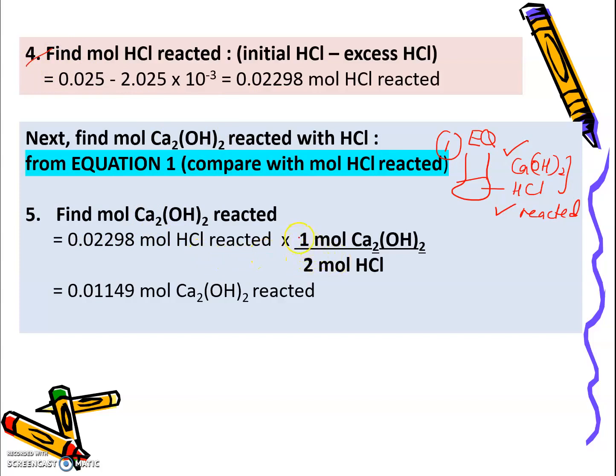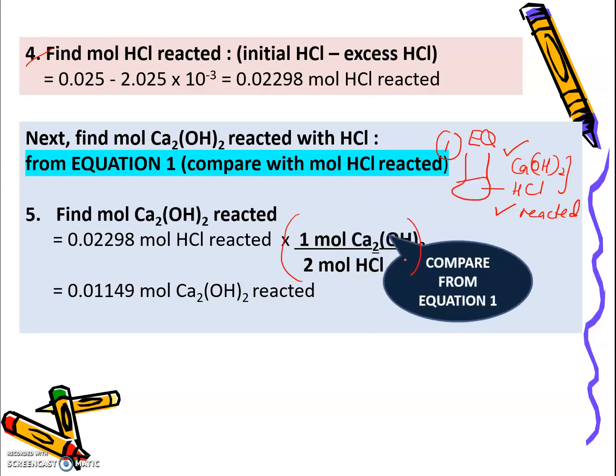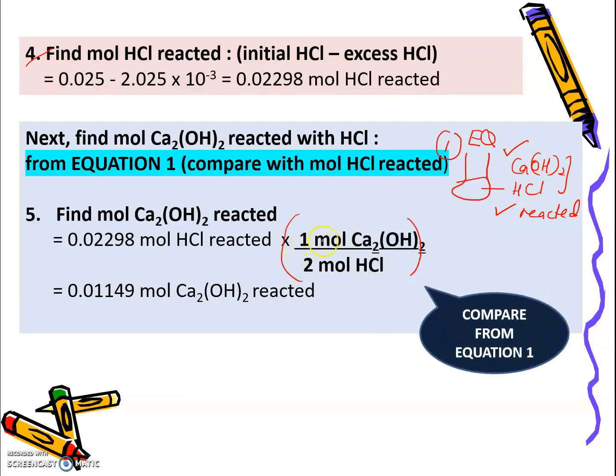by comparing from equation 1, times 1 mole calcium hydroxide over 2 mole HCl. So we can cancel the unit mole HCl to find the number of mole of calcium hydroxide reacted.